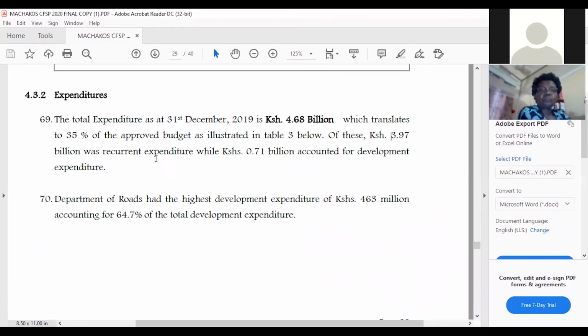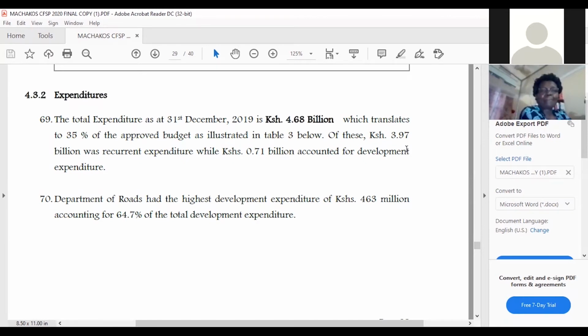So, what is recurrent expenditure? And what is development expenditure? The recurrent expenditure is the salaries and the day-to-day running of the offices. And then the development is where they look at the infrastructure, maybe construction of roads, hospitals.